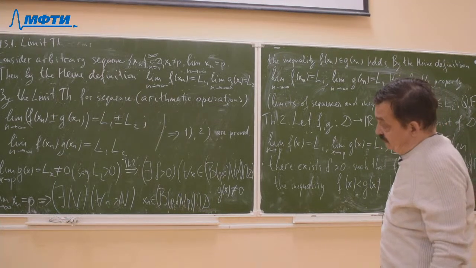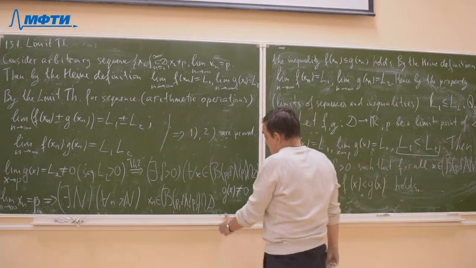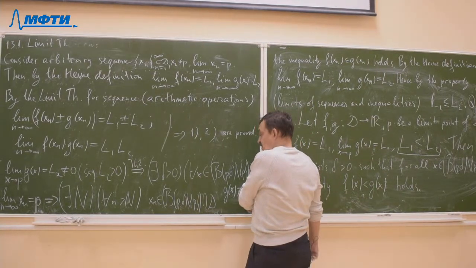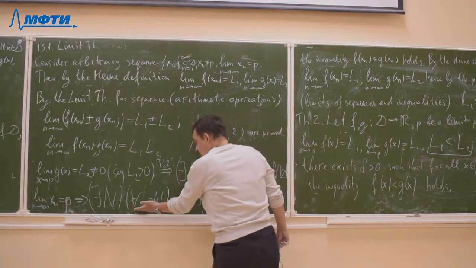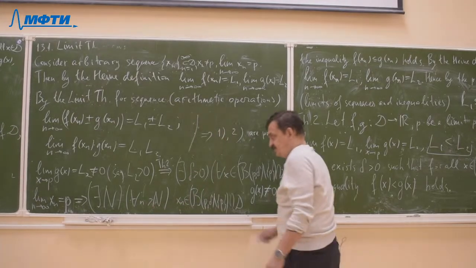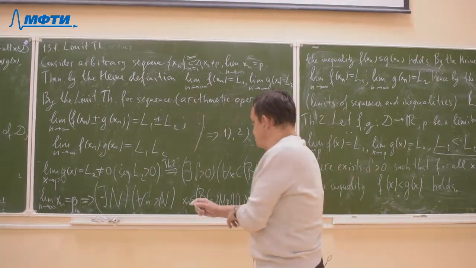And what it means? It means that g of xn is not 0 for all sufficiently large n.